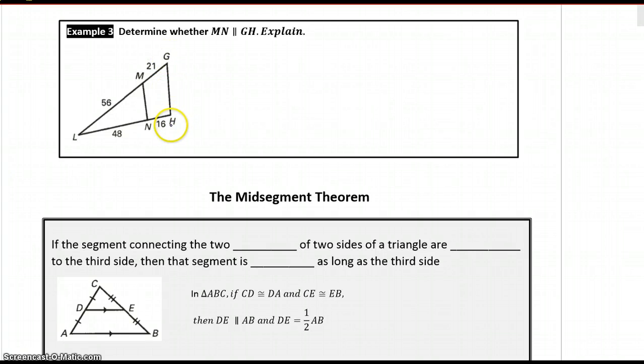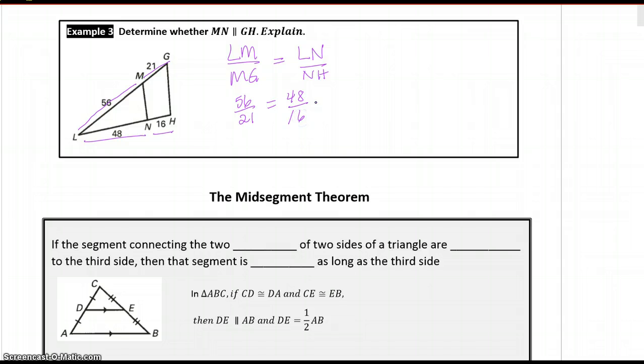So we are going to write a proportion, LM over MG equals LN over NH. Plug in, we get 56 over 21 equals 48 over 16. Now, you notice that there's no variable here. We are just testing to see if this is true. So what we need to do is reduce both sides.